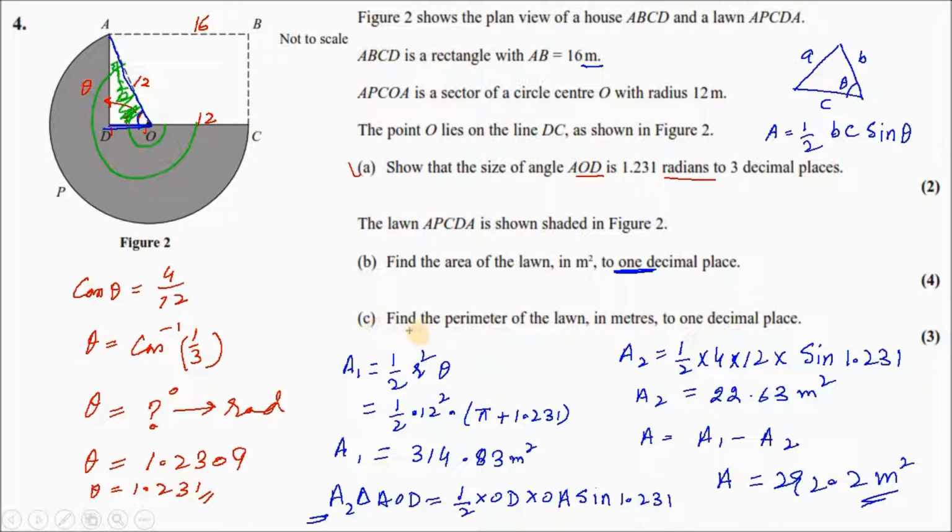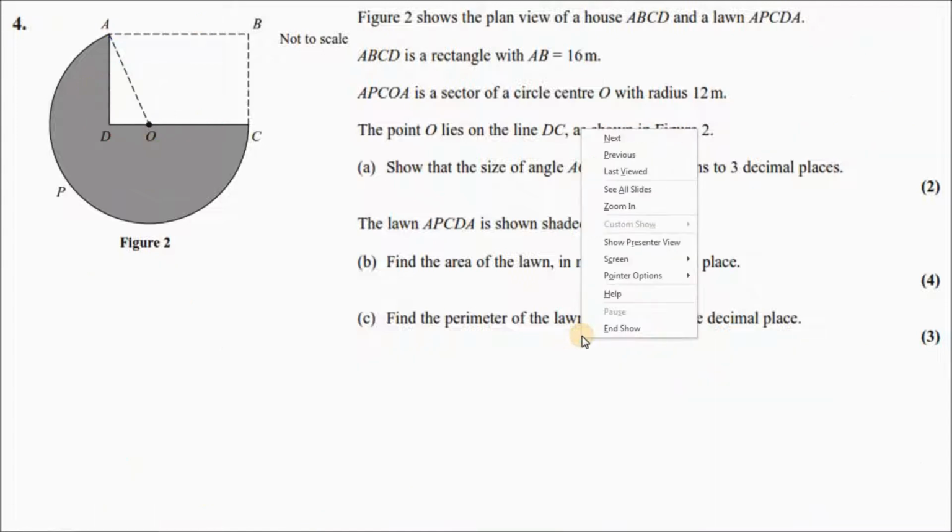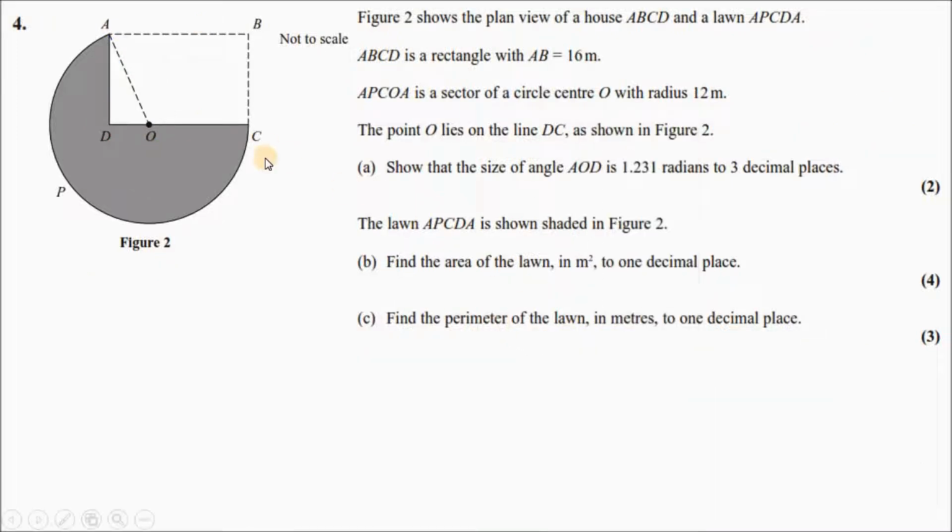Part C is find the perimeter of the lawn in meters to one decimal place. So the perimeter of the lawn. Okay, so now let's see how we find the perimeter. Perimeter is the total length. So we have this total length, which is 16.